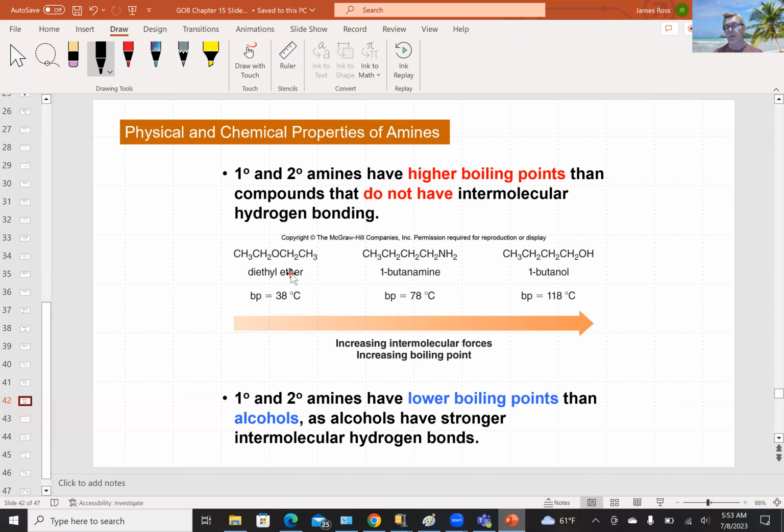The alcohol on the right, more impressive again. It can hydrogen bond, but it forms stronger hydrogen bonds because the oxygen is more electronegative than the nitrogen. And so what's causing the hydrogen bond is more extreme in the case of oxygen than it was in the case of nitrogen.